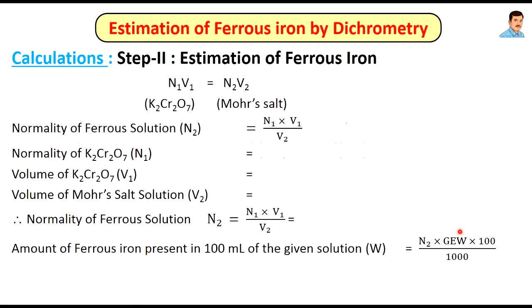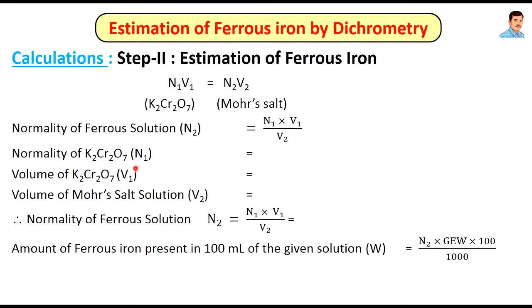Now the formula is N1V1 is equal to N2V2, where N1V1 belongs to potassium dichromate and N2V2 belongs to Mohr salt. We have to calculate the normality of the Mohr salt solution or ferrous solution, N2. N2 is given by N1V1 by V2.